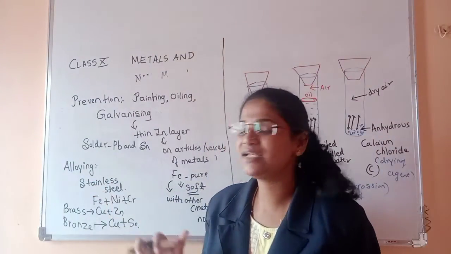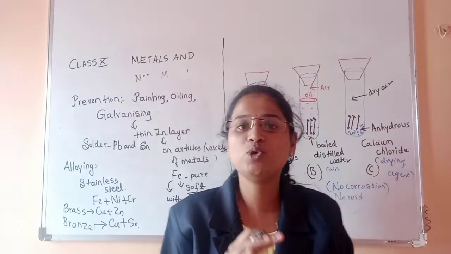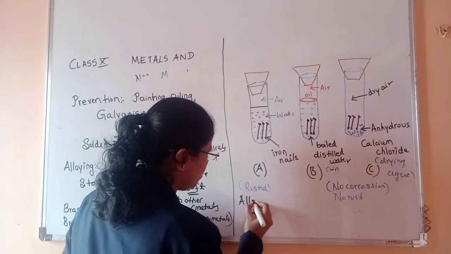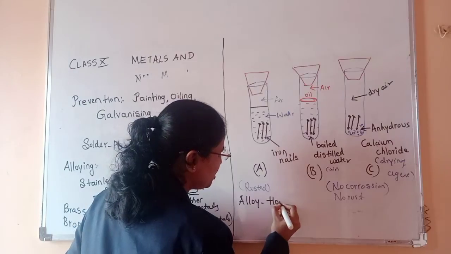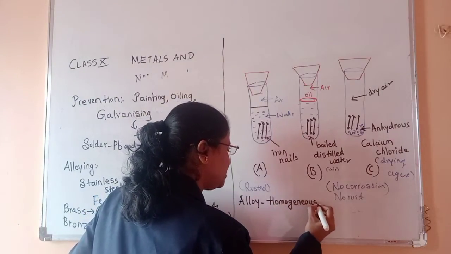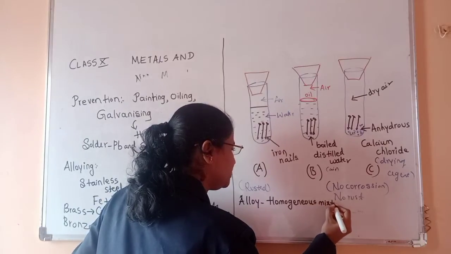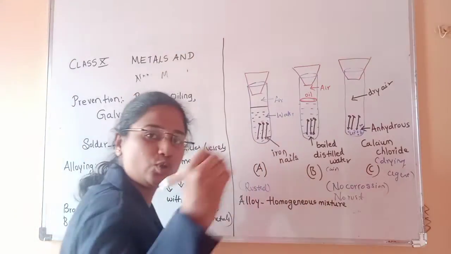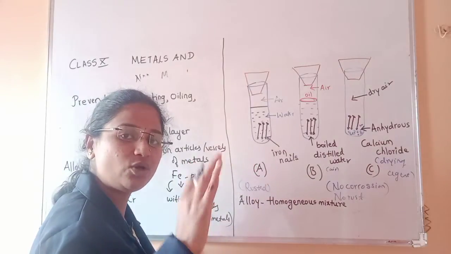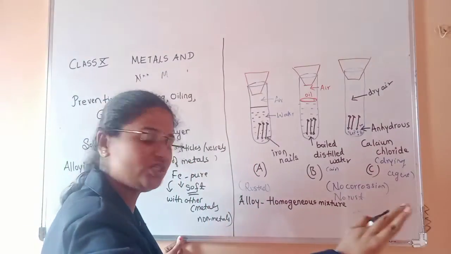So by this we can define alloy as a homogeneous mixture. Homogeneous mixture means the mixture is the same throughout. It will not be different. As we mix iron, nickel and chromium, it is homogeneous.